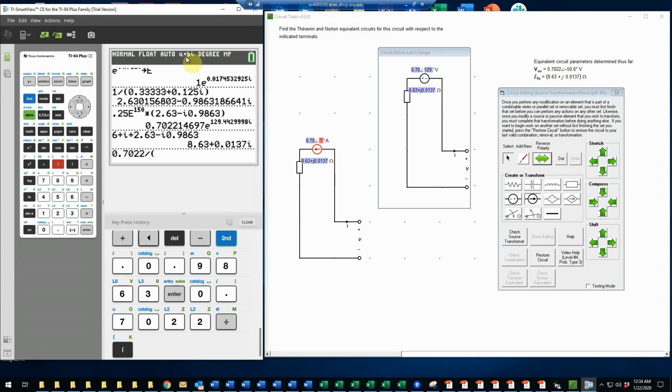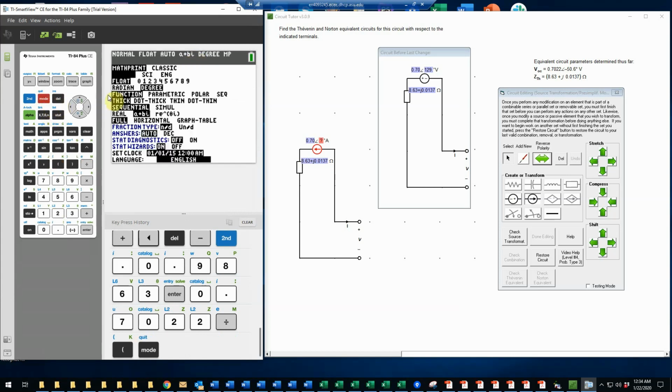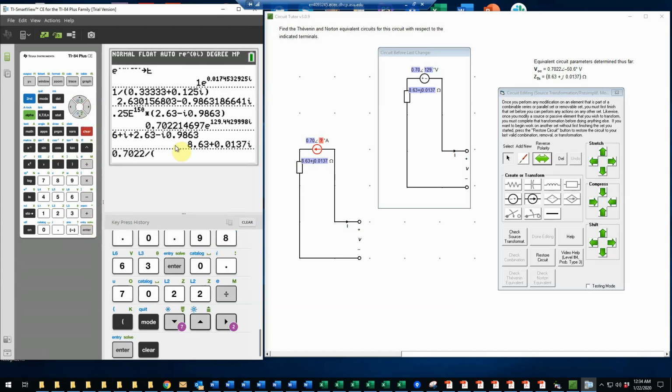In this case, no, I want to be in polar mode. So I'm actually going to interrupt here and go back into polar mode. I can do that in the middle of it, before I compute the answer.